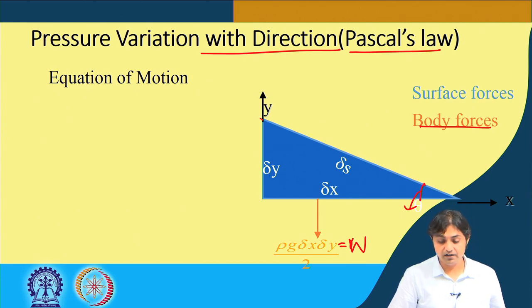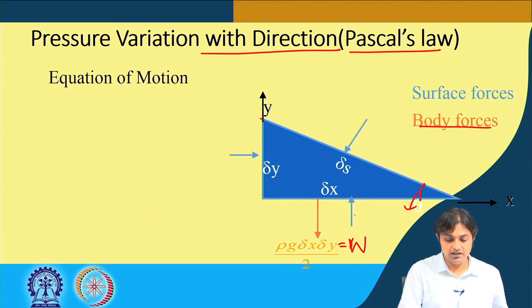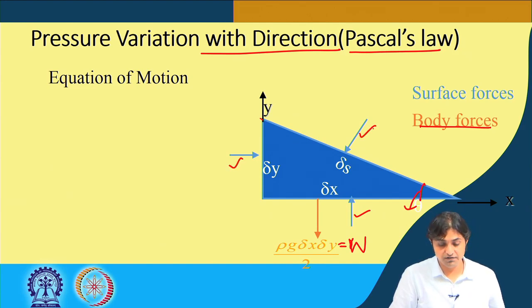Now looking at the surface forces. As we have seen before, surface forces in fluid statics will be only due to the pressure. So pressure will exert force on all these 3 surfaces. What is the magnitude?